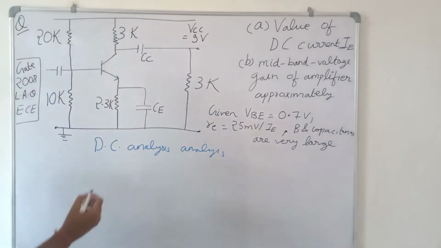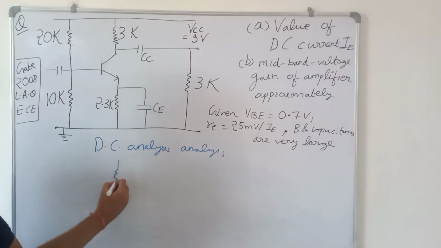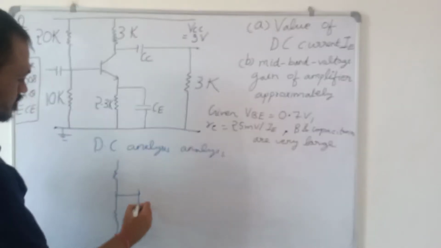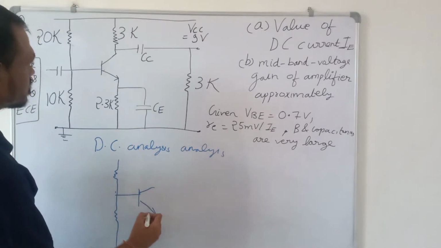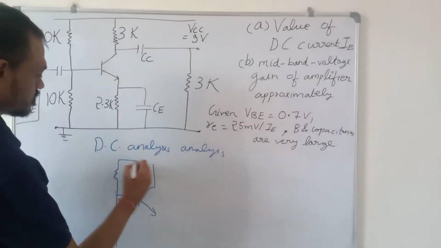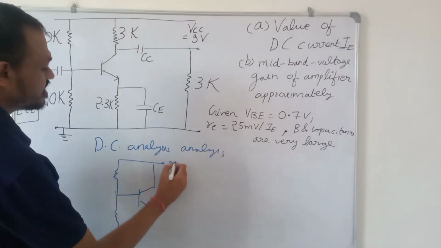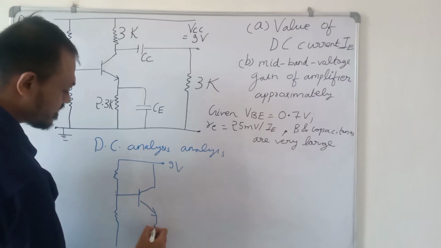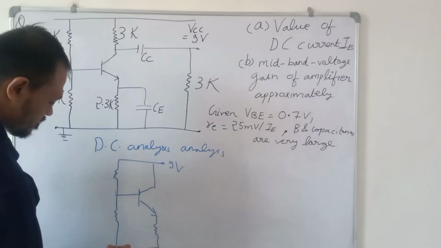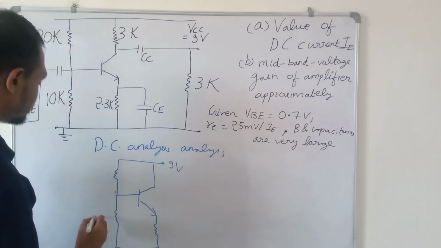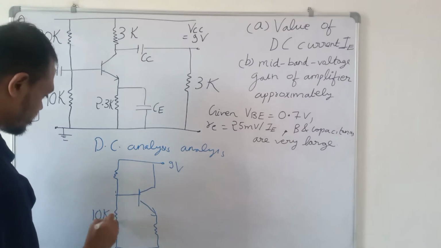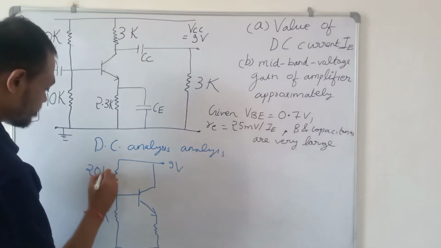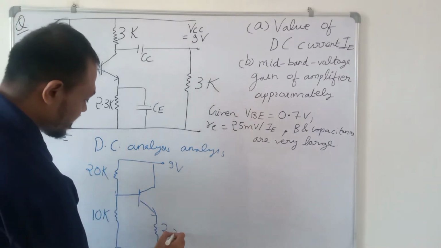So the circuit will reduce to this. So this is 9 volt and this is 2.3k. This is 10k. This is 20k. This is 2.3k.